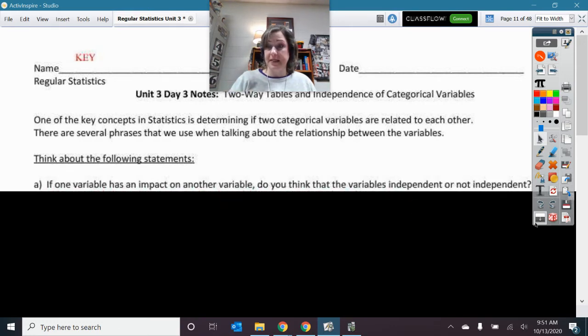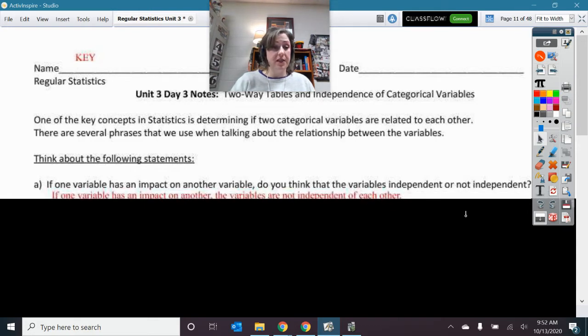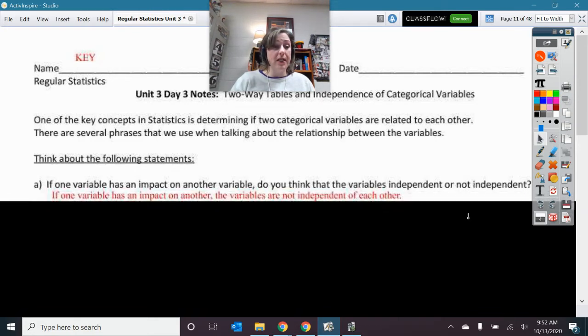Think about this: if one variable has an impact on another variable, that means it's affecting it, it's changing it. Do you think those variables are independent or not independent? Hopefully, if you see that one variable affects the other, they are not independent.